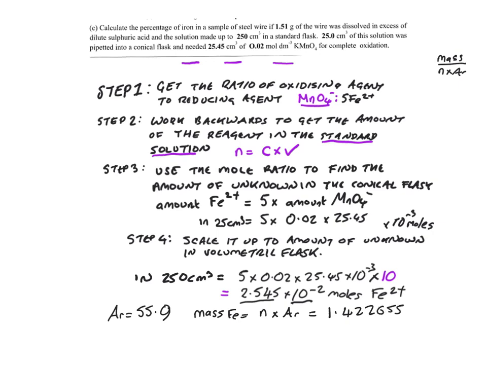I'm not going to round down just at this point, and we were told that the mass of the impure steel wire was 1.51 grams, and the mass of iron that's present in there is this, 1.422655. So all that remains now is to find out the percentage purity.